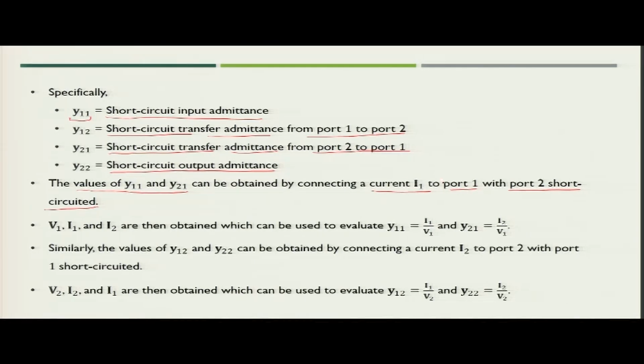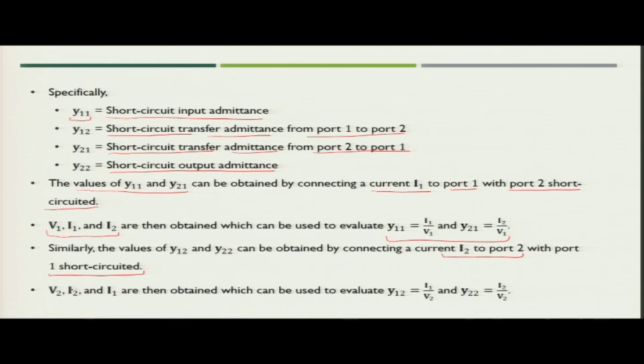You then get the values of three quantities, V1, I1 and I2, and using these you find Y11 equal to I1 upon V1 and Y21 equal to I2 upon V1. In the second case, you connect current source I2 to the second port and short circuit the first port. In that case, your V1 will be 0.